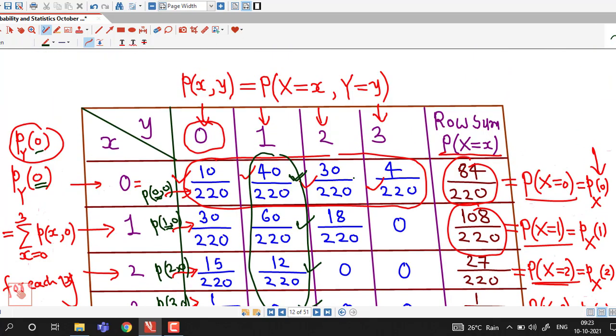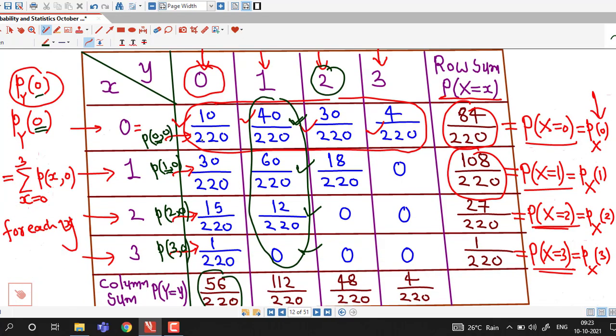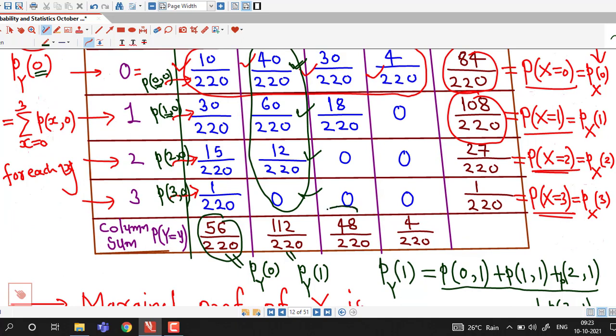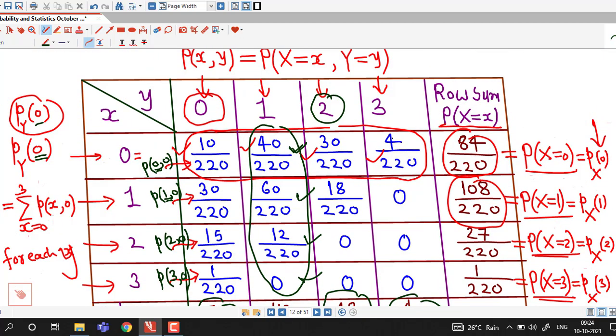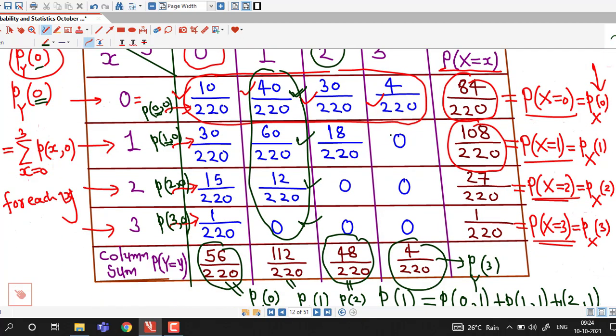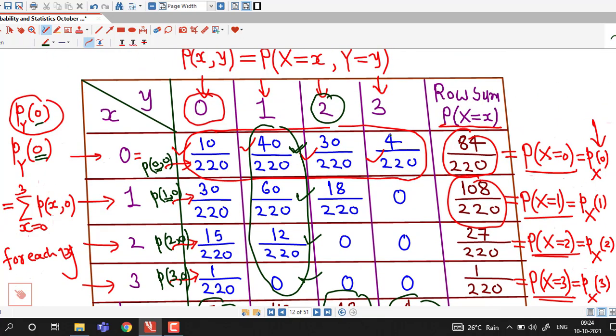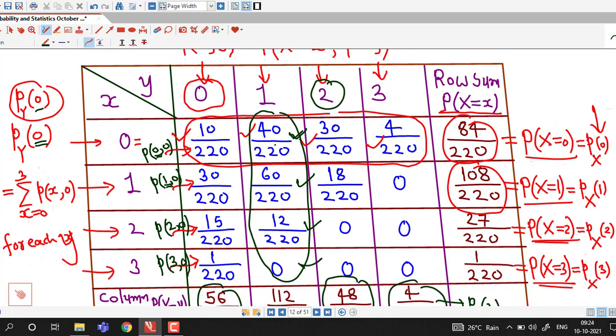Similarly, if we add the values in the column corresponding to y equal to 2, we obtain the value of the probability mass function of y at 2, and this is the value at y equal to 3. So column totals will give us values of the marginal probability mass function at a particular value of y.